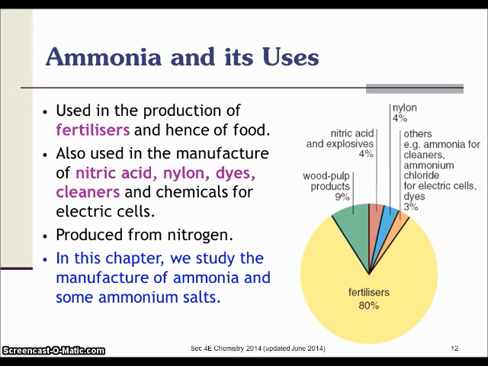Ammonia is produced from nitrogen, and in this chapter we will study the manufacture of ammonia and some ammonium salts. The pie chart over here shows us a breakdown of the different uses for ammonia.